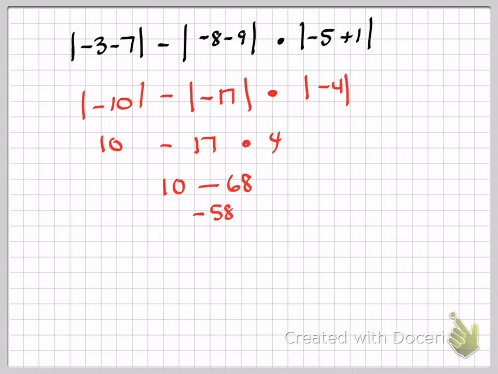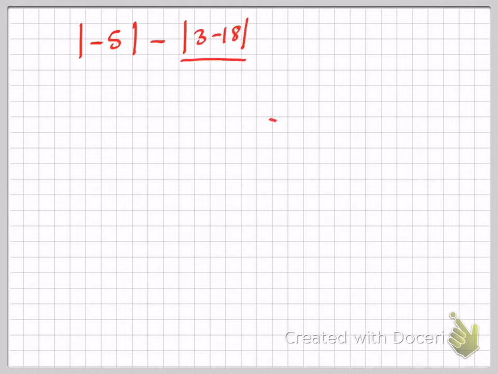Okay, I'm going to give you one more problem to work on at home. The absolute value of 5 minus 3 minus 18 over the absolute value of -5 times the absolute value of -5.